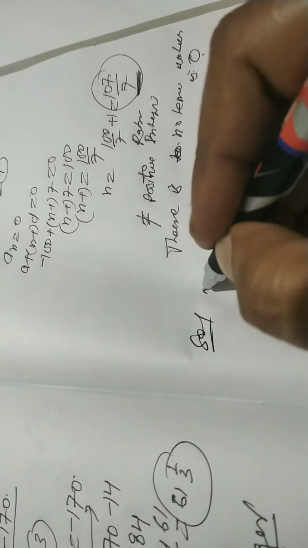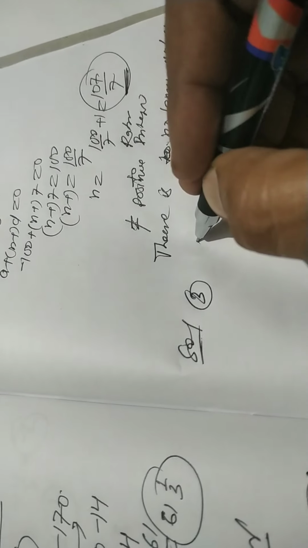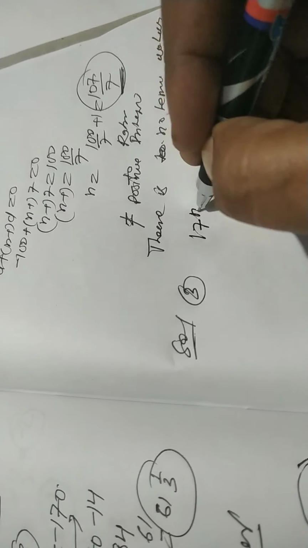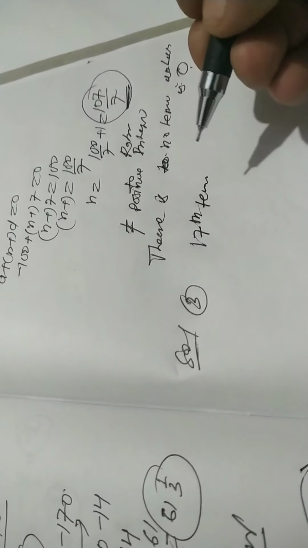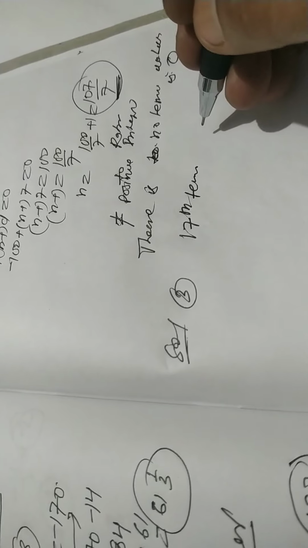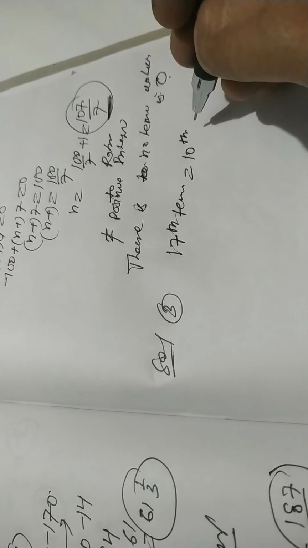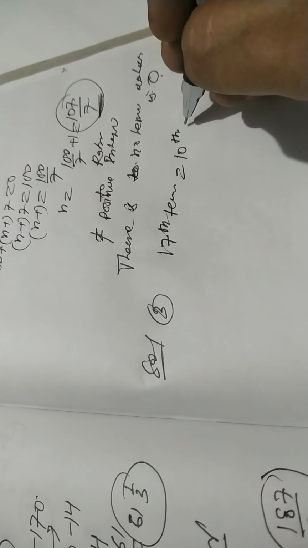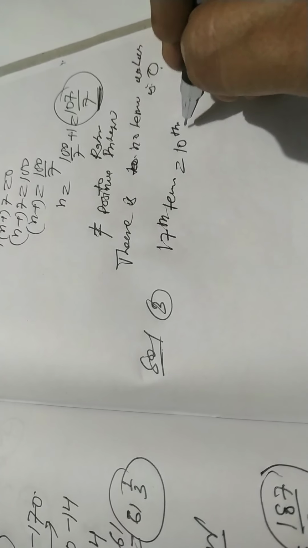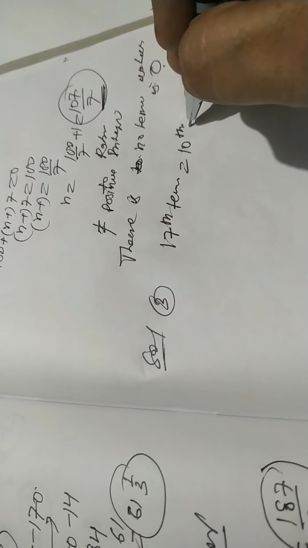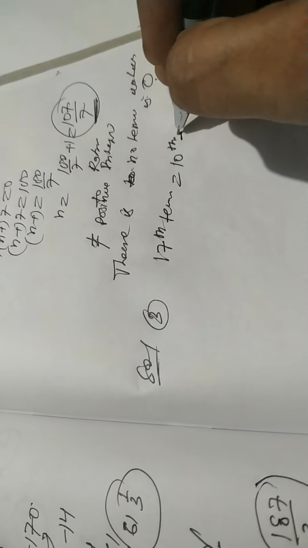Now solution number third. The 17th term of an AP exceeds its 10th term by 7.